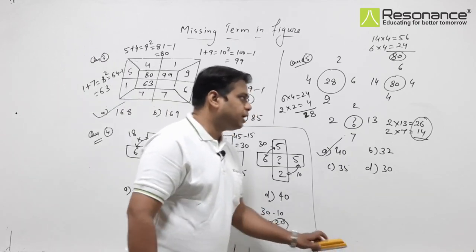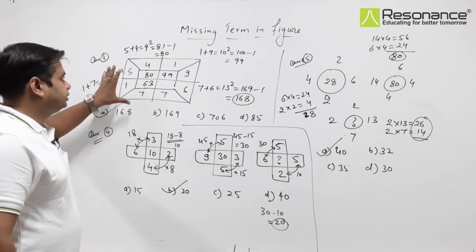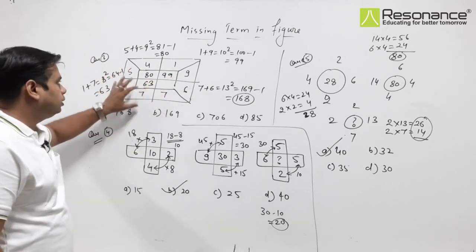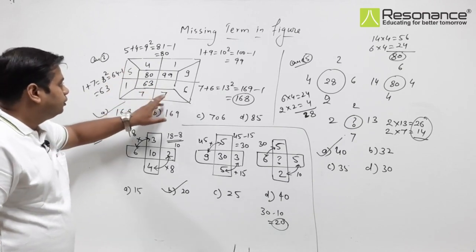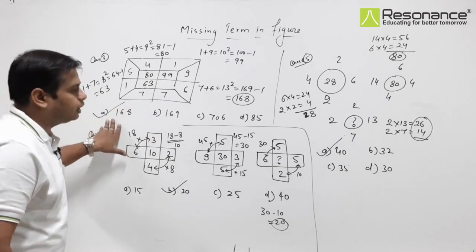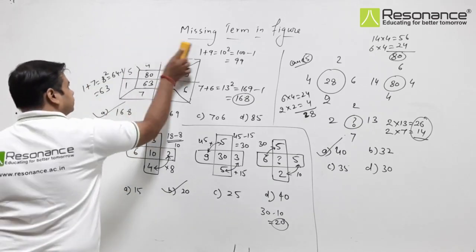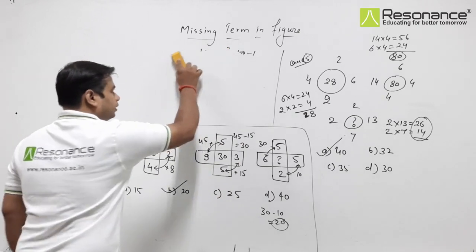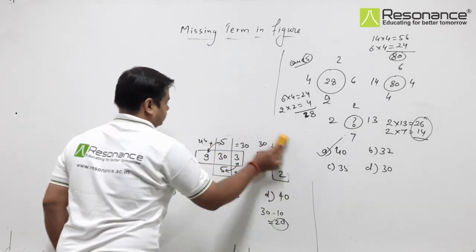We have to apply a proper logic which can apply in all the parts of the question, in all the numbers of the question, and we have to see that according to our logic the answer we are getting is in the options or not. If we are getting an answer which is not in the options, then we have to change the logic.